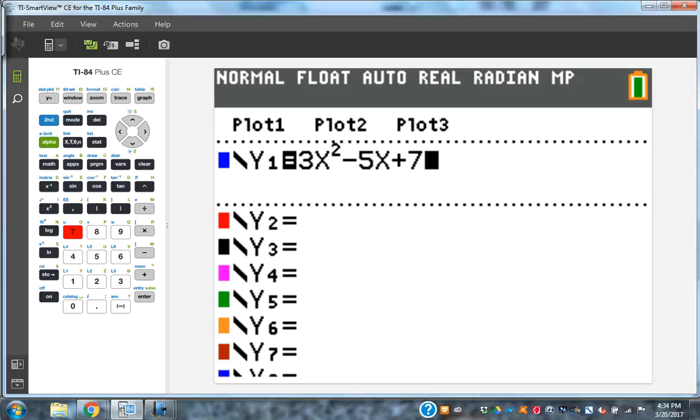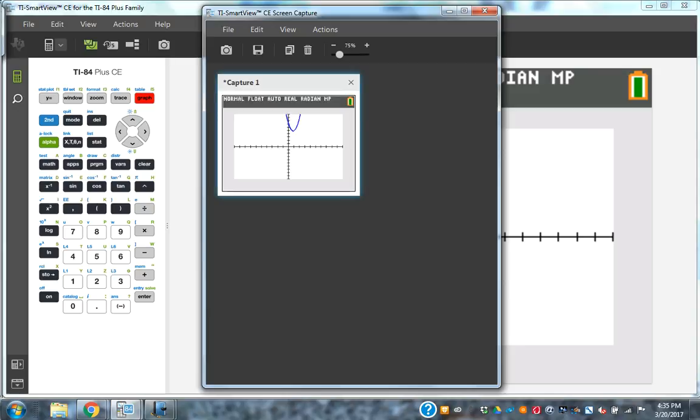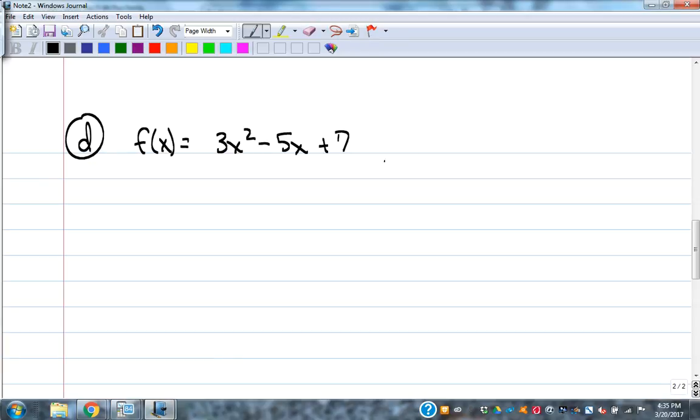And when you graph that, hopefully you see that it's a parabola. And would that pass the horizontal line test? I don't think it would. It'd pass the vertical line test. It is a function, but it would not pass the horizontal line test. So that's not a one-to-one function. Anything that's x squared, a parabola shape, is not going to be one-to-one.